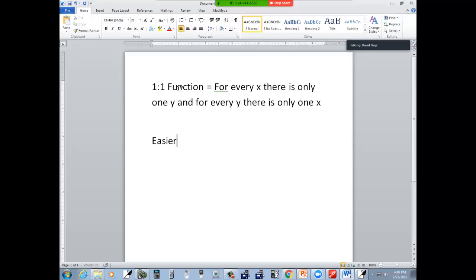Now an easier definition says that if you have one of the following, it is not a one-to-one function.